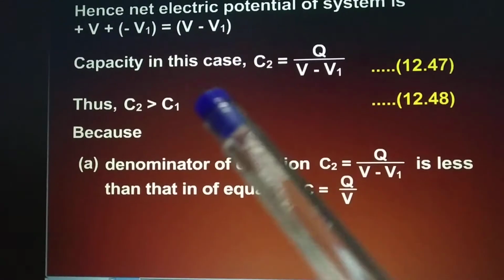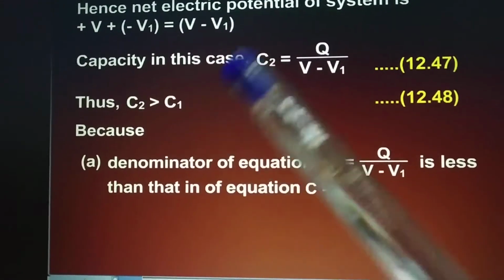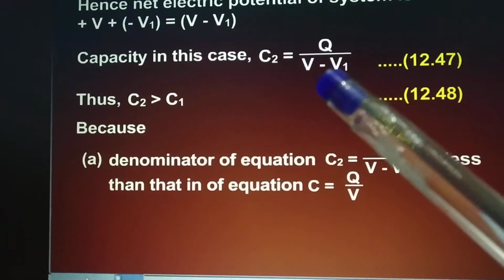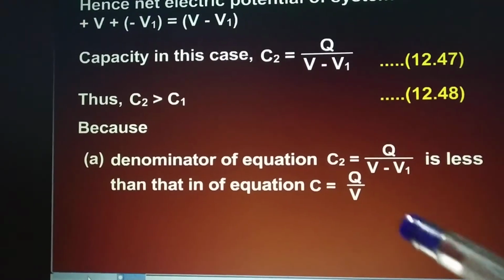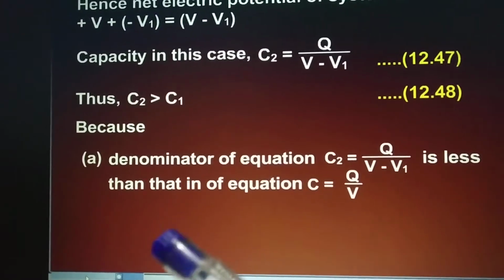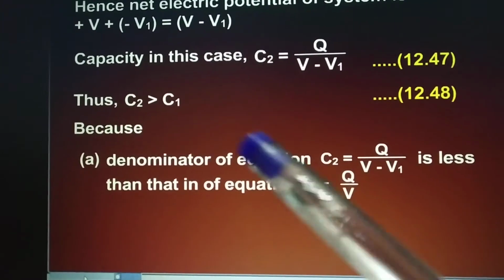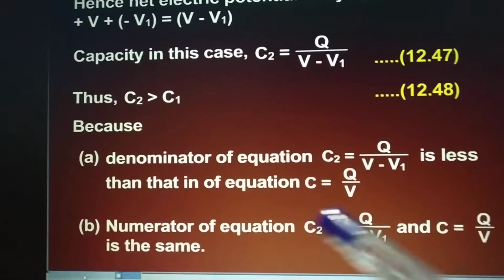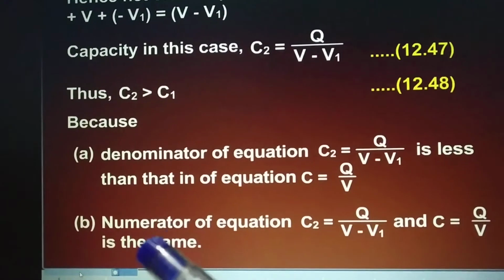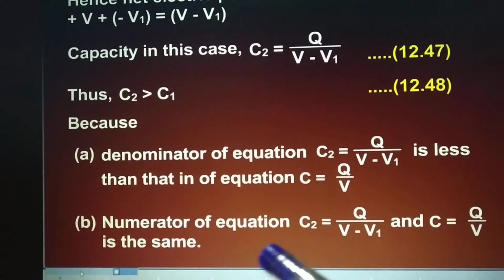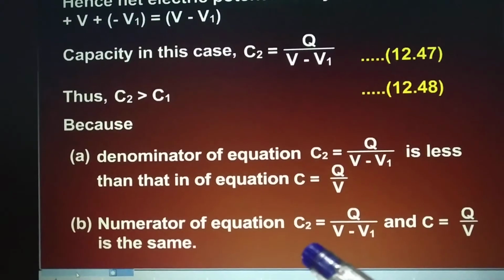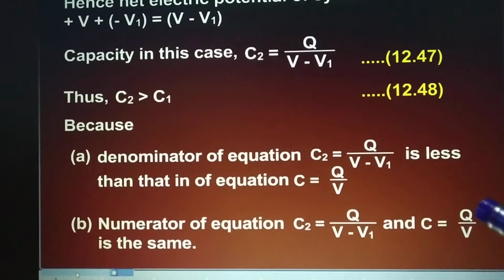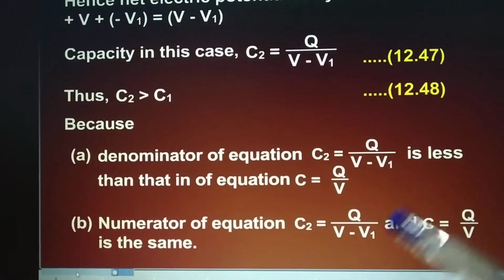C2 is greater than C1 because the denominator of the equation C2 equal to Q upon V minus V1 is less than that of the equation C equal to Q upon V, and second, the numerator Q is the same.